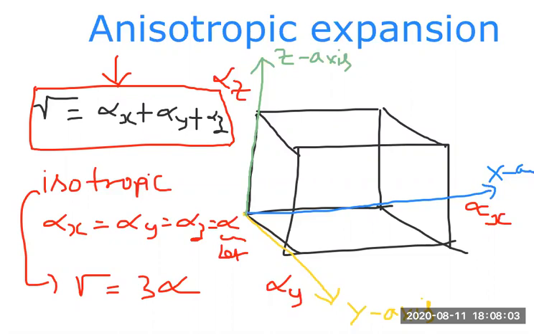If they are the same, we call it isotropic. But they are not the same. So gamma is alpha x plus alpha y plus alpha z. This is the effective volume coefficient we can call it.